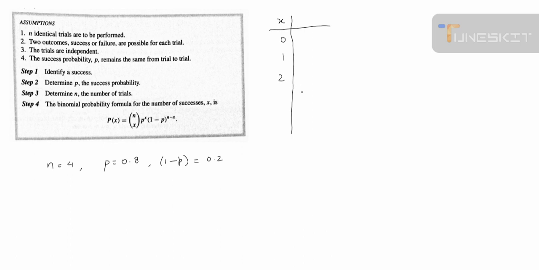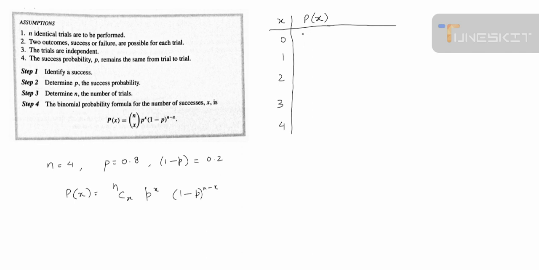There are two individuals out of four that are cured, three individuals, or four individuals. Now if we apply the formula to estimate the probabilities, the formula is P of x equals nCx p to the power x and 1 minus p to the power n minus x.